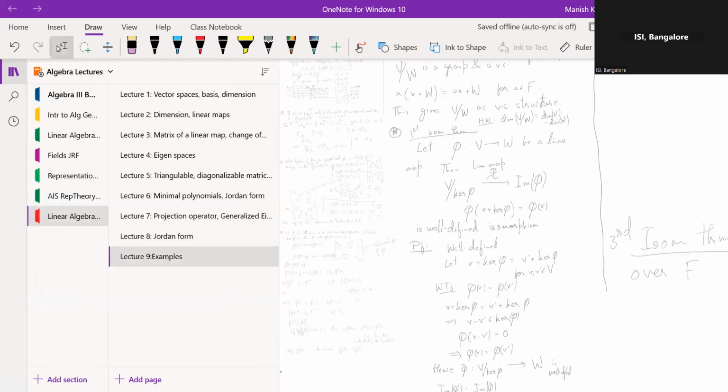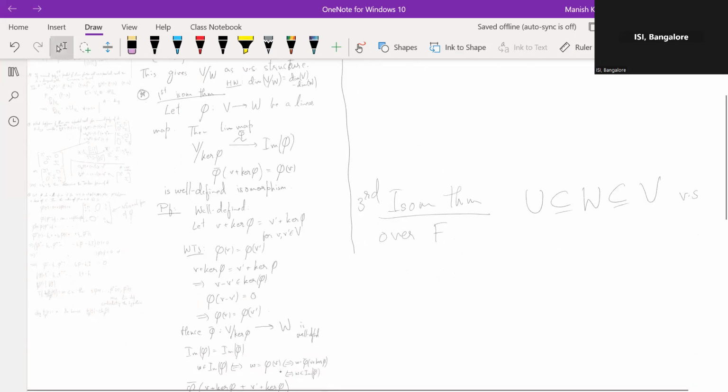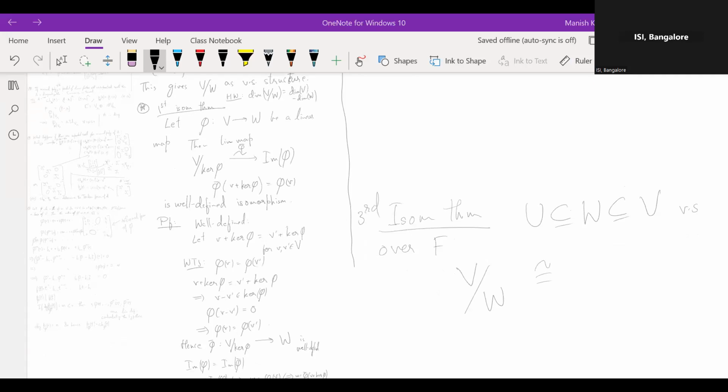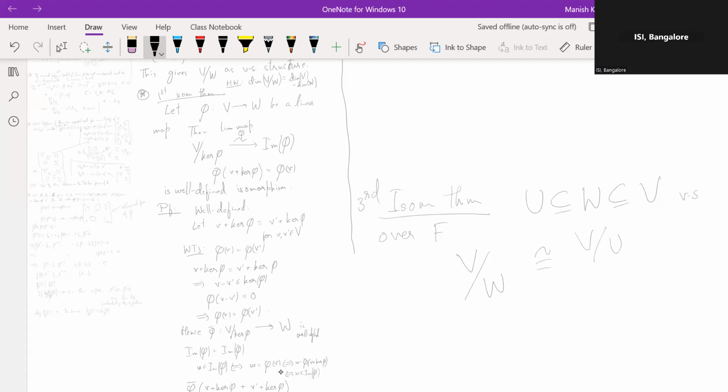Then what the third isomorphism theorem says is that V mod W is isomorphic to V mod U mod W mod U. So V mod U is a vector space, yeah? And this contains W mod U as a subspace, yeah?